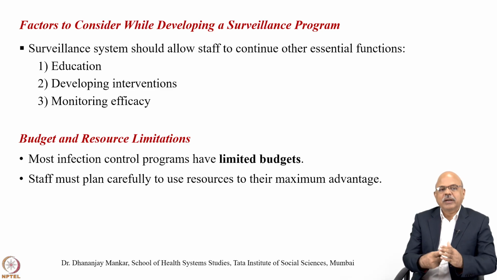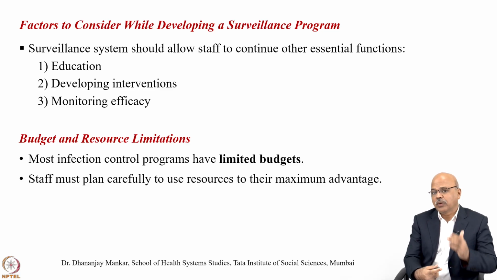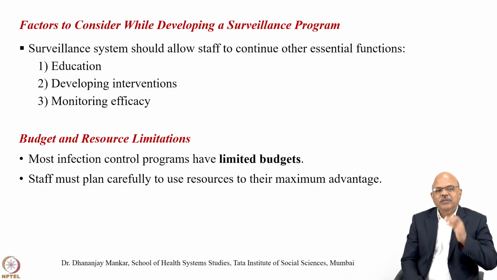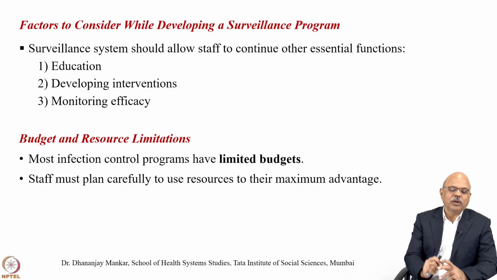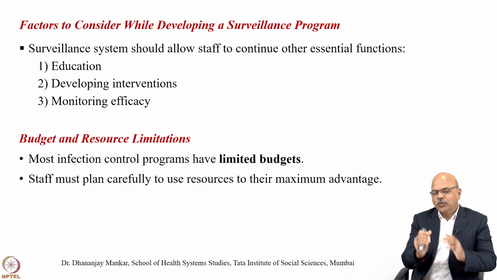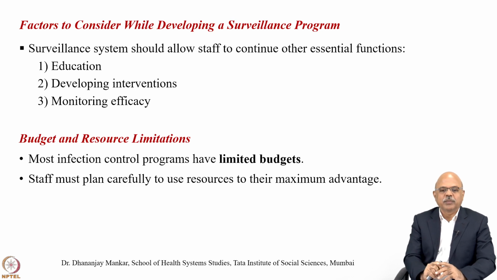Next, in the factors to consider while developing a surveillance program, your surveillance system should allow staff to continue with essential functions like education, developing interventions, and monitoring efficacy. Then there are budget and resource limitations. Most infection control programs have limited budgets, and we find most of the organizations that are struggling are struggling because of the limited budget.